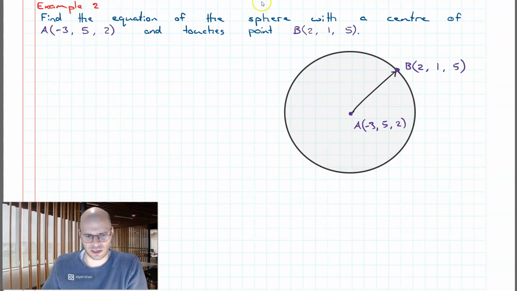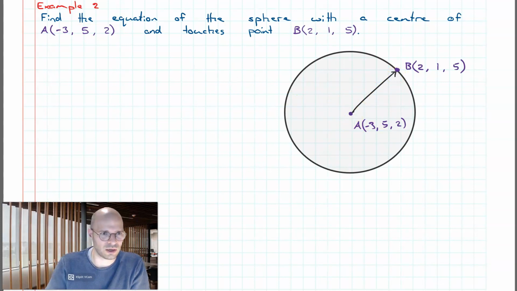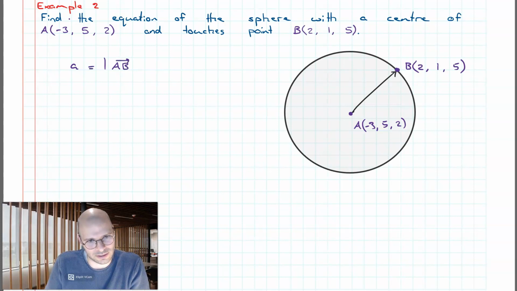Okay, now that we've drawn up the situation, what we need to do is figure out the distance from A to B, which will reveal to us our radius. Because we already know our center, all we need is our radius to model this. So our radius is the distance from A to B. The way in which we can calculate this is we need to go a is equal to the absolute value of vector AB.